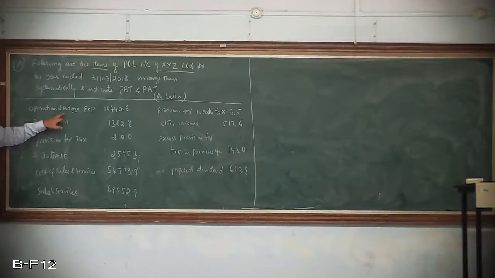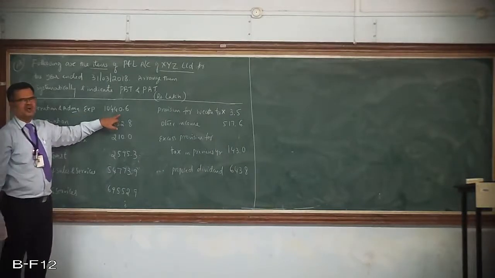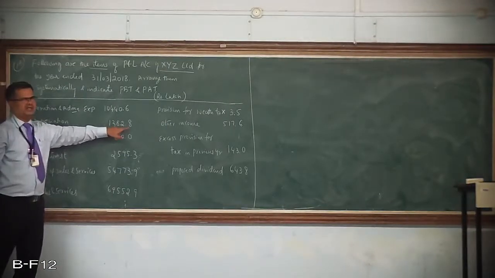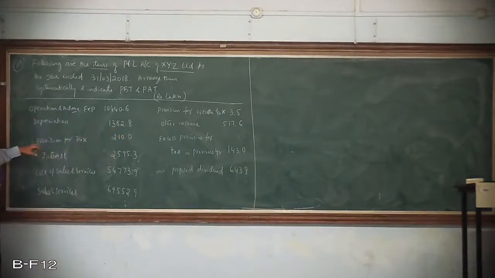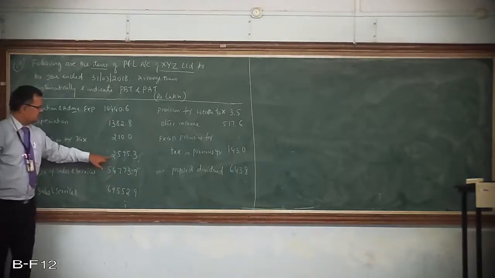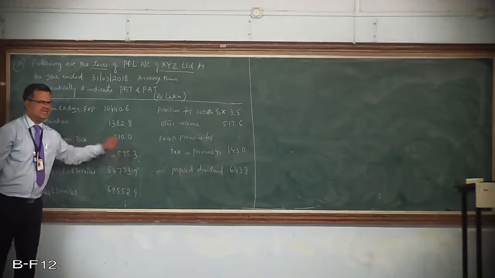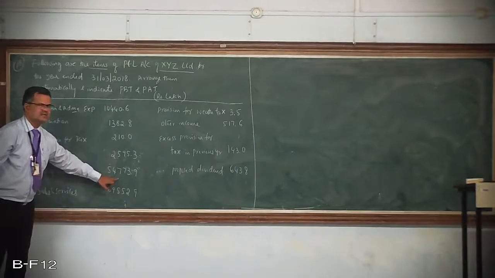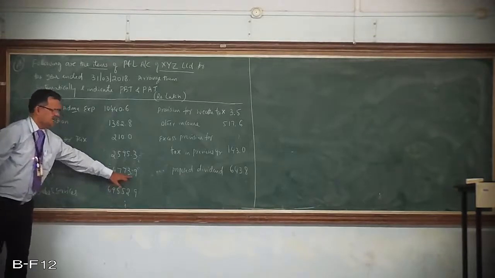Operation and administration expenses 10,440.6 lakhs. Depreciation 1,382.8 lakhs. Provision for tax 210 lakhs. Interest 2,595.3 lakhs. Cost of sales and services 54,773.9 lakhs.